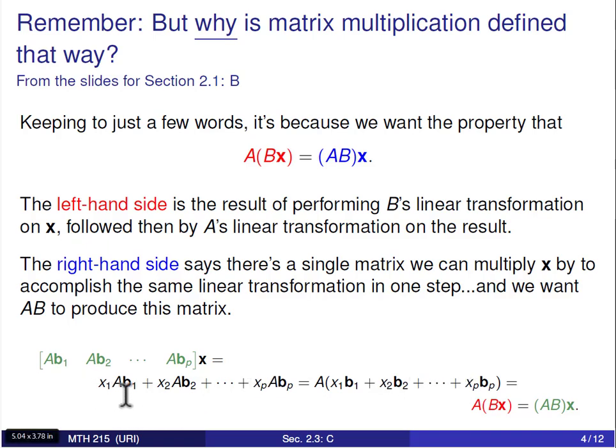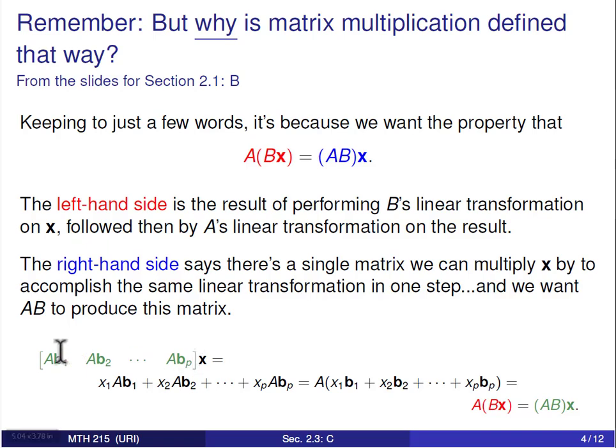So we'll have x1 A times b1 plus x2 A times b2, and so on through the end. Now, at this last step, you may realize, hey, we've still got those entries of x multiplied onto vectors, and so this is a matrix times a vector if the vector is the same x we started with, and the columns of this matrix are A times b1, A times b2, and so on, A times bp.